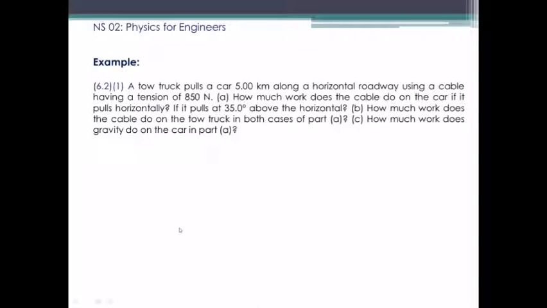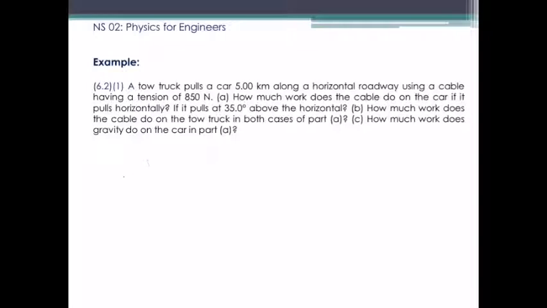B. How much work does the cable do on the tow truck in both cases of part A? Letter C. How much work does gravity do on the car in part A? To answer this, we must first draw the problem.